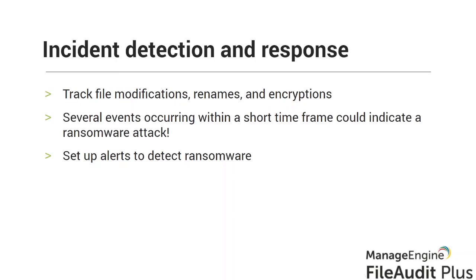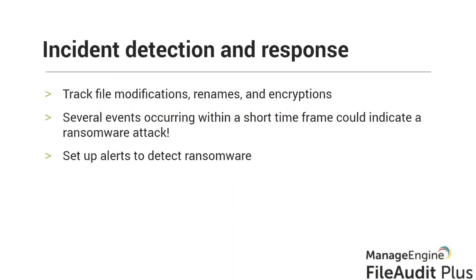So what is the one thing that we all know about ransomware? What is the one thing that all ransomware has in common? Encryption, right? All ransomware is going to encrypt data. That's what the attack is all about. So you can track your files and folders in your environment.